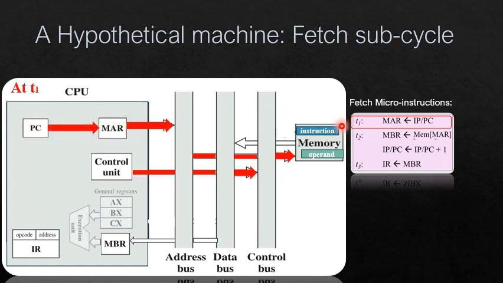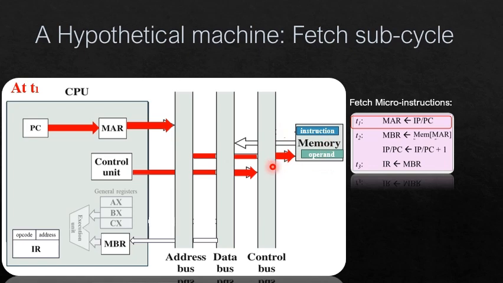The instructions that need to be fetched by the CPU stay in the memory. So the PC needs to tell the MAR where in the memory to get the instruction. The control unit's role is to issue the control signal read to the control bus so that the memory knows it is actually the CPU reading from the memory, not writing.